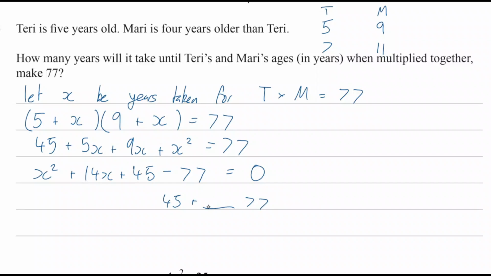So it's 30 will get me 75, and 2, 32. So 45 minus 77 will equal negative 32. Don't need that plus sign anymore.